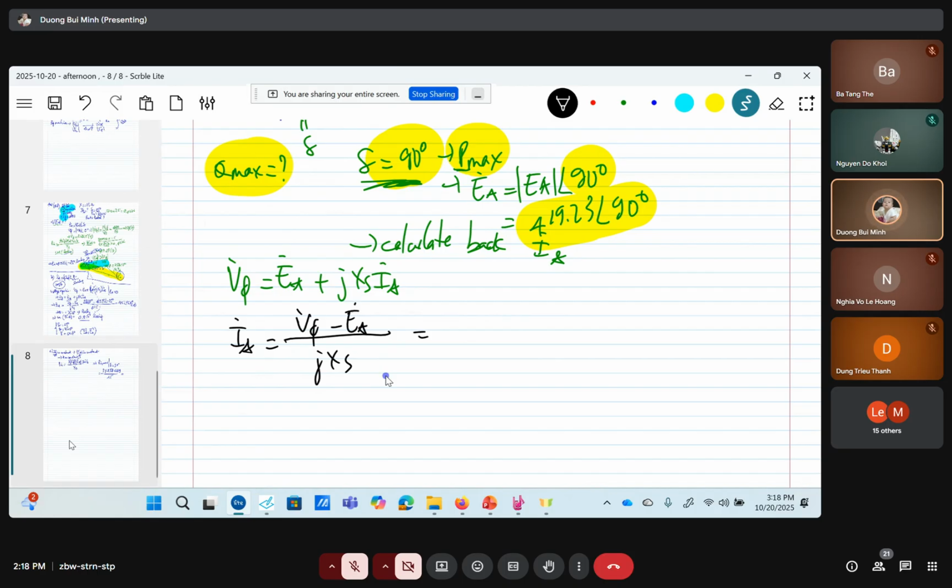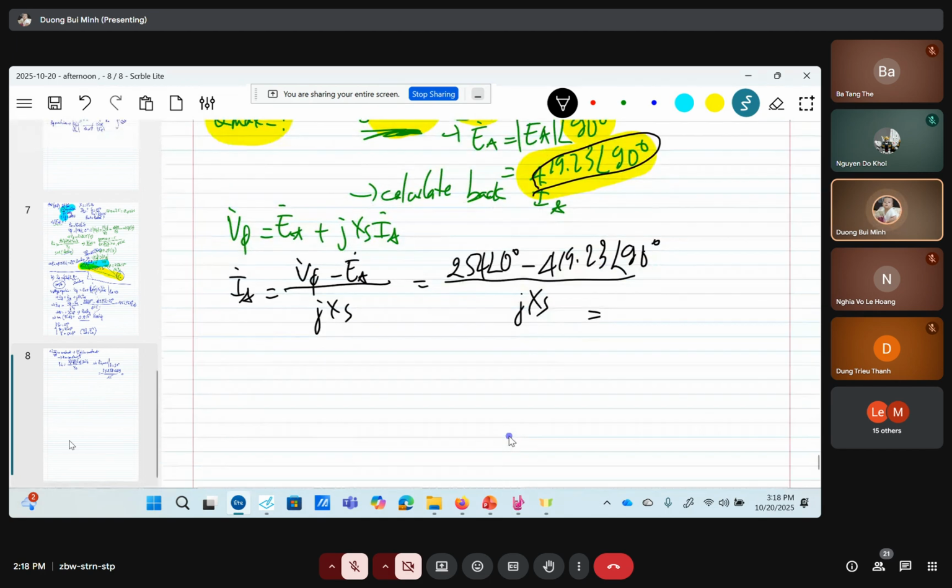V phase is 254 with 0 degrees, and EA is 419.23 with 90 degrees. Then we divide this by jXS, so we can get IA.